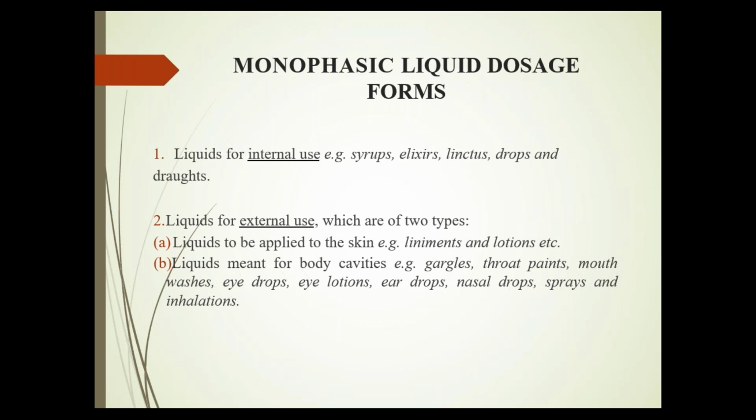The others are meant for body cavities. In the mouth, we use gargles, throat paints and mouth washes. In the eye, we use eye drops and eye lotions. In the ear, ear drops. To the nose, nasal drops, sprays and inhalations.